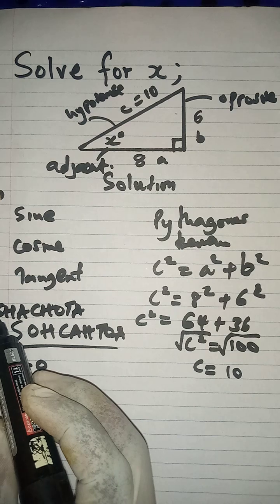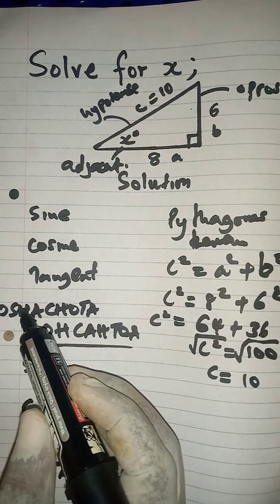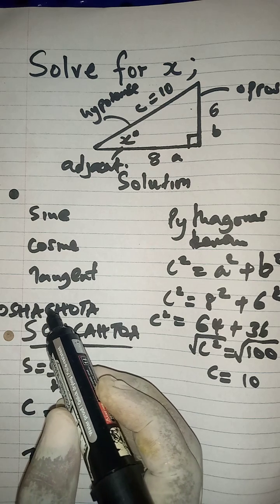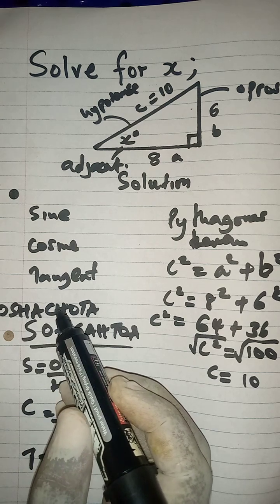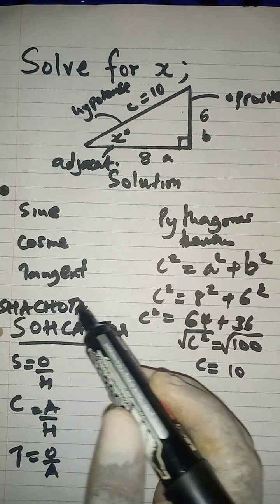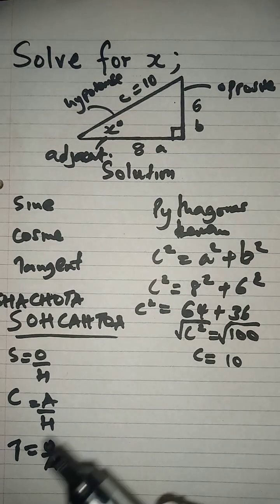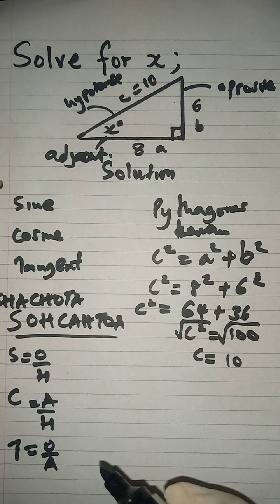Meaning sine is equal to opposite over hypotenuse, the cos is equal to adjacent over hypotenuse, and the tan is equal to opposite over adjacent. So it depends on the way you master it.